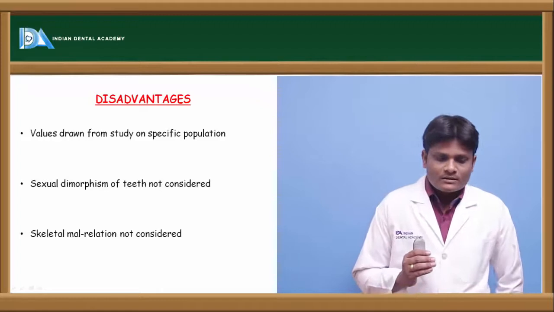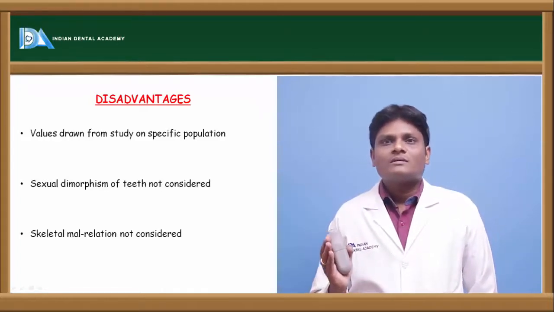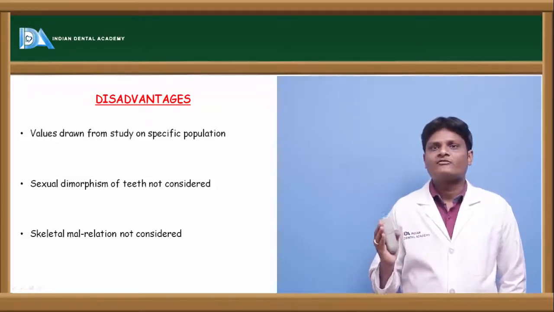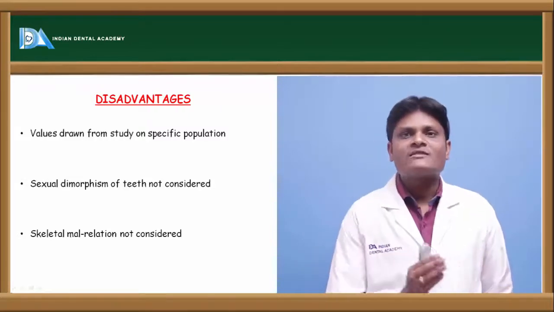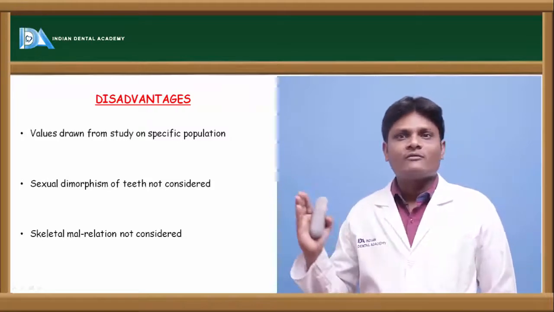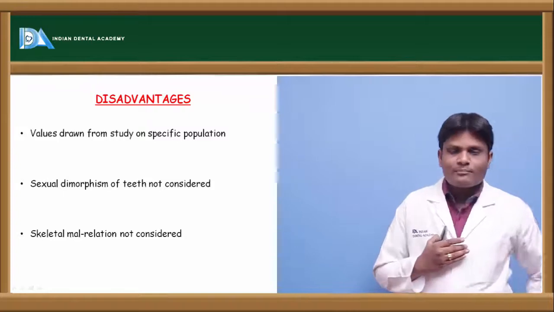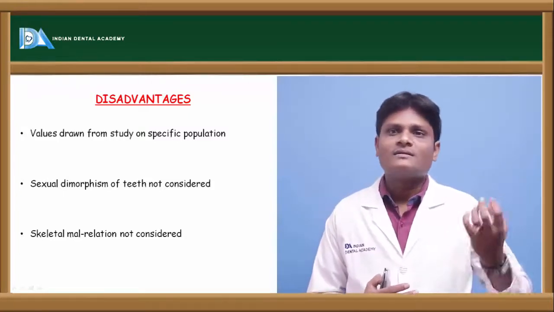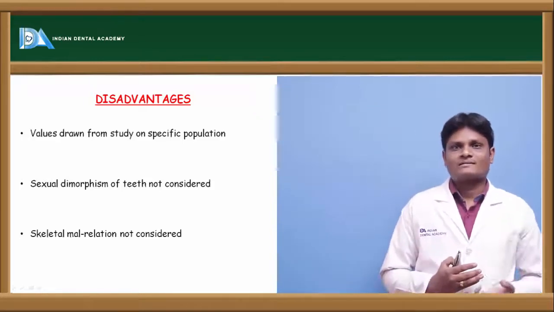And sexual dimorphism, that is, the normative values are not drawn separately for males and females. That means there is no differentiation between males and females pertaining to the normative values that are obtained by various model analyses. The skeletal malrelationship of the patient is not taken into consideration while analyzing the study models. These are the important disadvantages of model analysis.